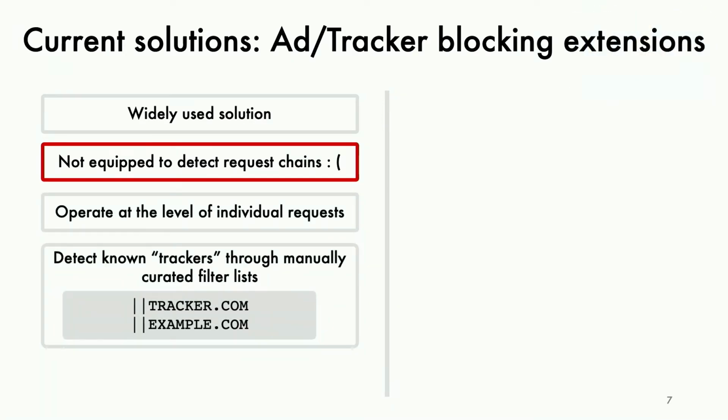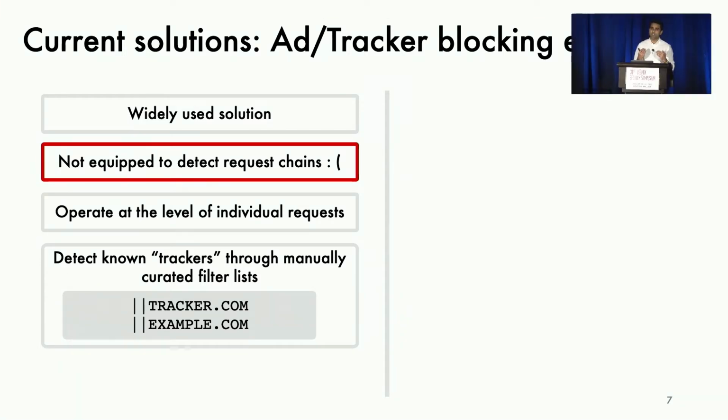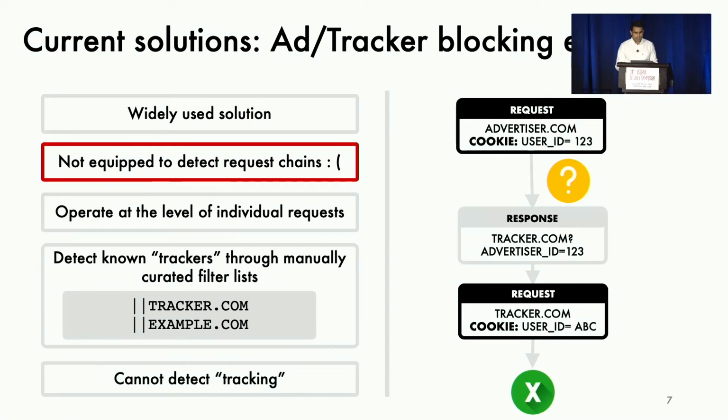The reason I say that is because they operate at the level of individual requests and try to block known trackers instead of the tracking behavior based on some block list. So for example, to block this request chain, despite that chain showing an obvious tracking behavior early on, these ad blockers will only be able to block it at the very last hop.